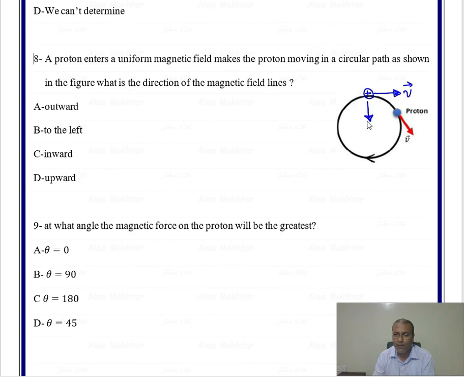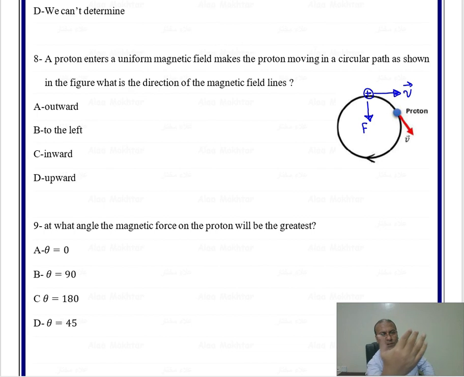center of the path. I need to make my palm hand down and I need to make my thumb to the right. Can I make it like that? It's not correct. My palm hand is down but my fingers are to the left. If I reverse my hand, also not correct. It means my fingers into the screen, not a correct choice. My fingers must be out of the screen, outward.